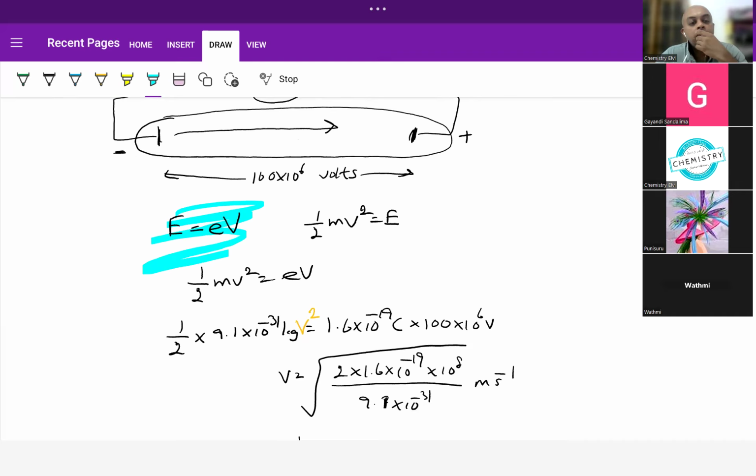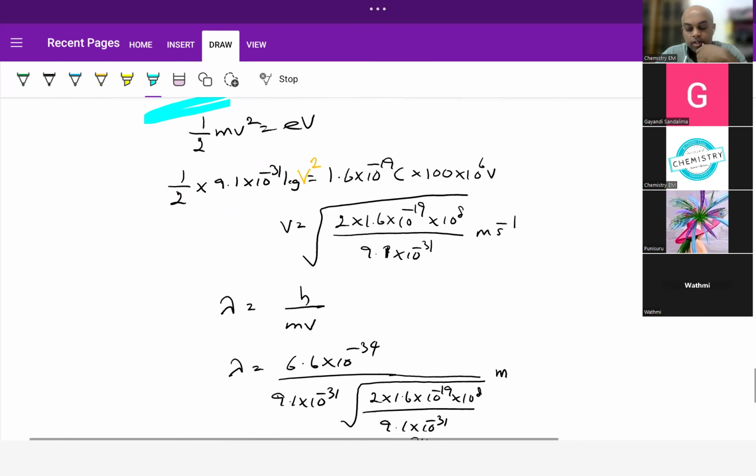There is a question here. We don't have to take the root of m because v squared and v cancel. Yes, you can take it like that as well. Whichever way, m is also cancelling off here.